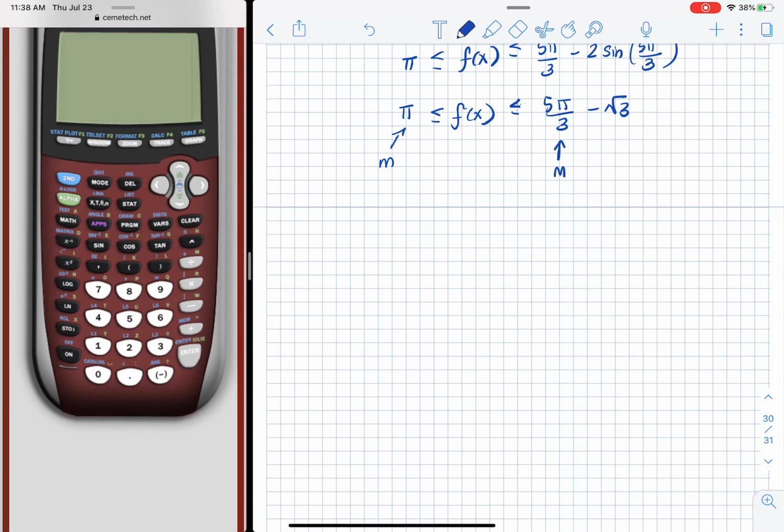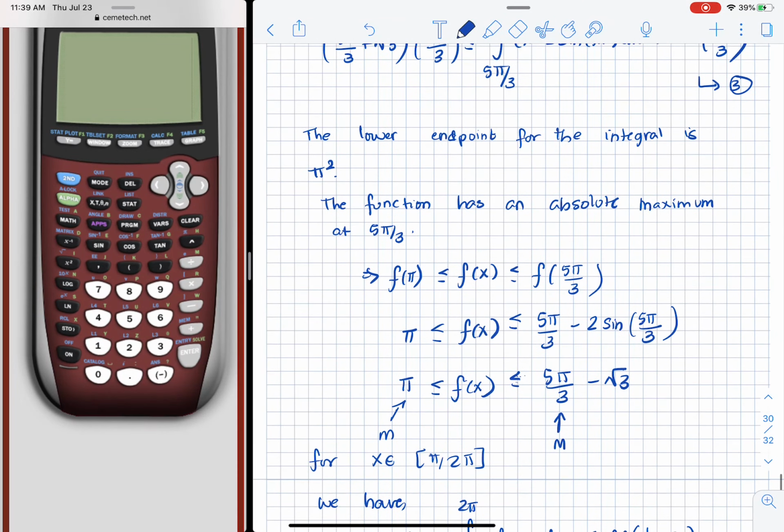So since f of x satisfies that for x in pi to 2 pi, we have the integral from pi to 2 pi of f of x dx to be between m times b minus a and uppercase m times b minus a.